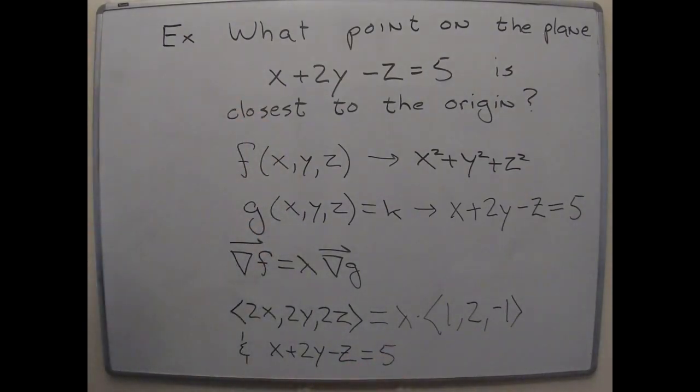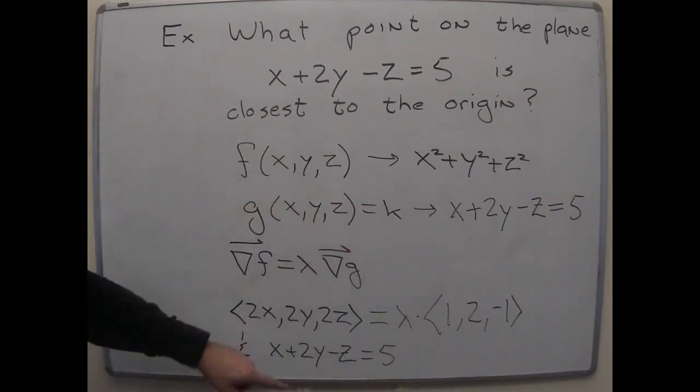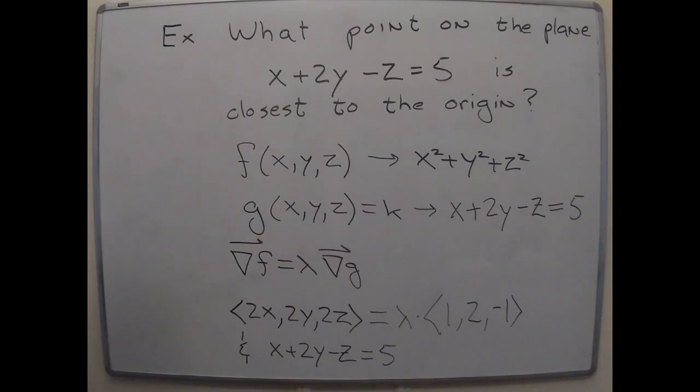All right, so let's go ahead and write this as a system of equations. There's going to be 3 equations from the 3 components of this vector expression, and then the 4th equation will be that x plus 2y minus z equals 5.